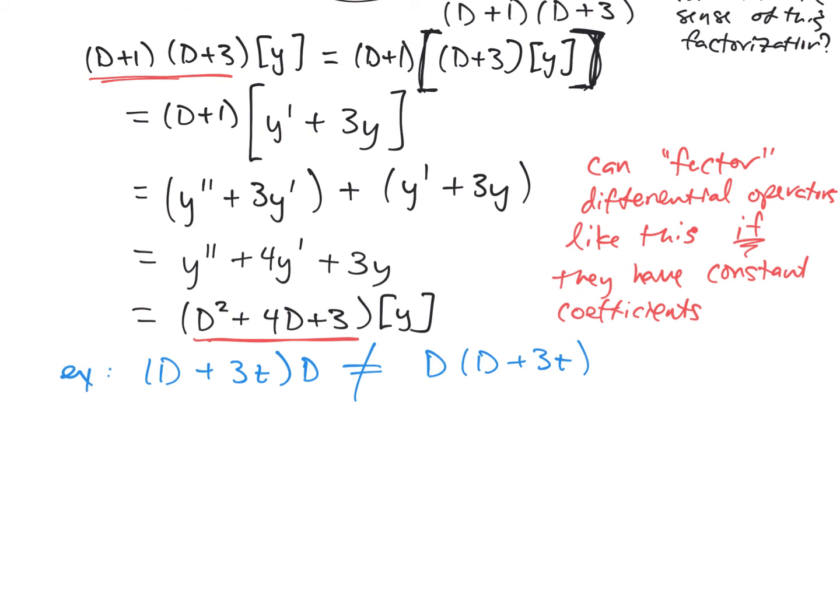Now you could commute in the constant coefficient case, because we could do the same thing if we flipped D plus 3 and D plus 1, and it will equal this. D plus 1 times D plus 3 would equal D plus 3 times D plus 1. So as a matter of fact, I could really elaborate on this here.